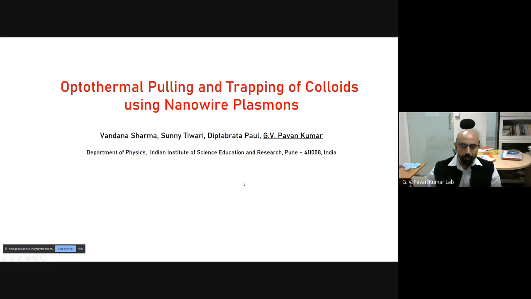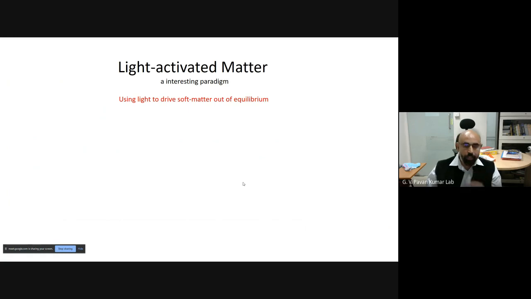I'm going to first give you an overview of what is interesting about light-driven active matter and the motivation for that. As all of us are aware, driving systems out of equilibrium has created a very interesting paradigm in terms of active matter, and light can be a very powerful tool to push the system out of equilibrium, especially when the system happens to be soft matter in nature.